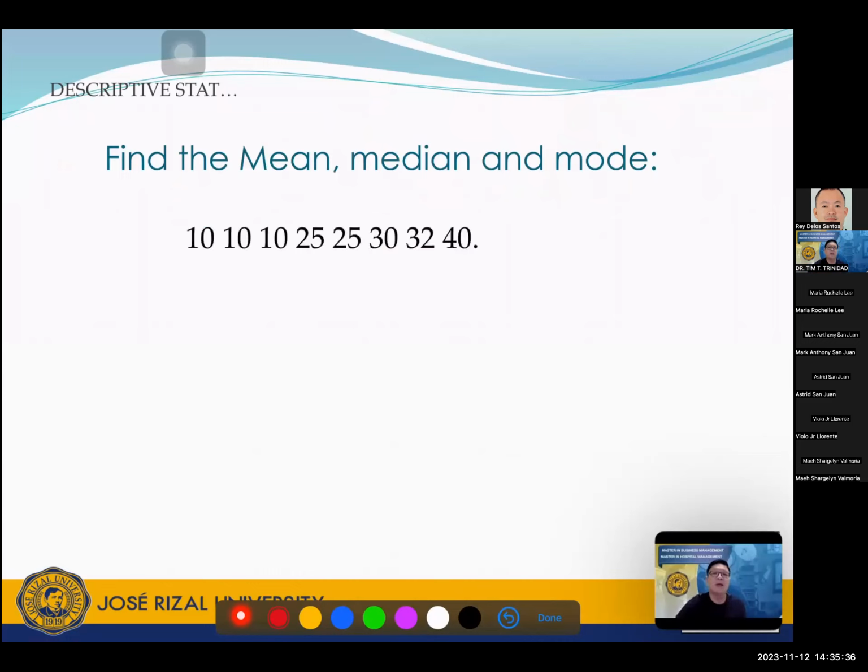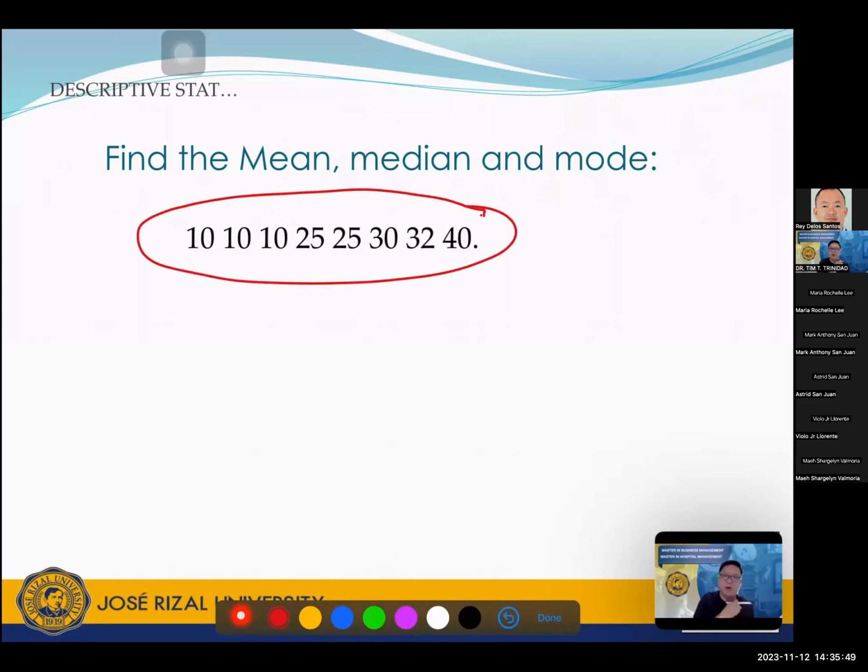Sample: find the mean, median, and mode. Mabilisan lang. Describe your data. Kunyari, ito yung data na na-collect mo. Okay, ang tanong ko ngayon, please describe your data in terms of the measures of central tendency. So when I ask you that, of course, you will be providing me the measurement of your mean, your median, and your mode.